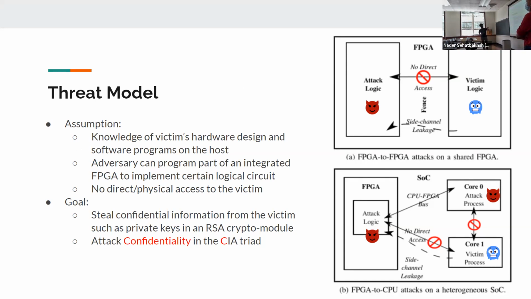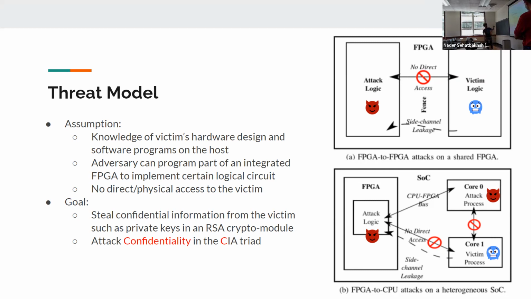In the second scenario, we assume that we know what's running on the victim core, for example, an RSA decryption program. And we will utilize our malicious FPGA circuits to try to steal information from them, sort of building a side channel.